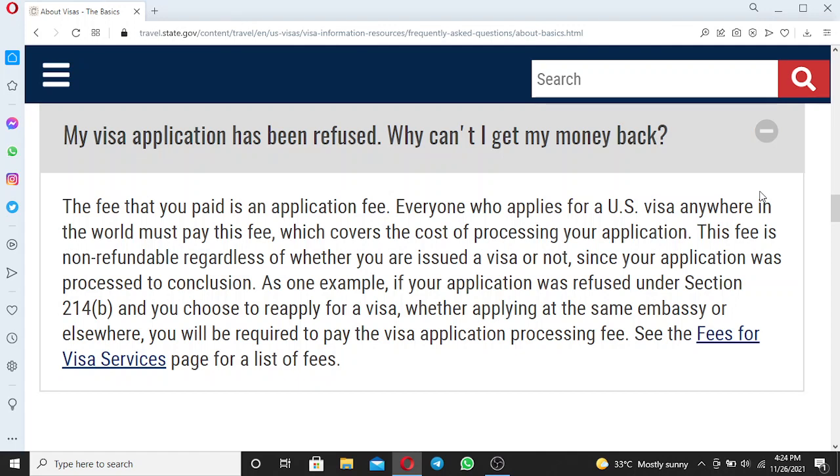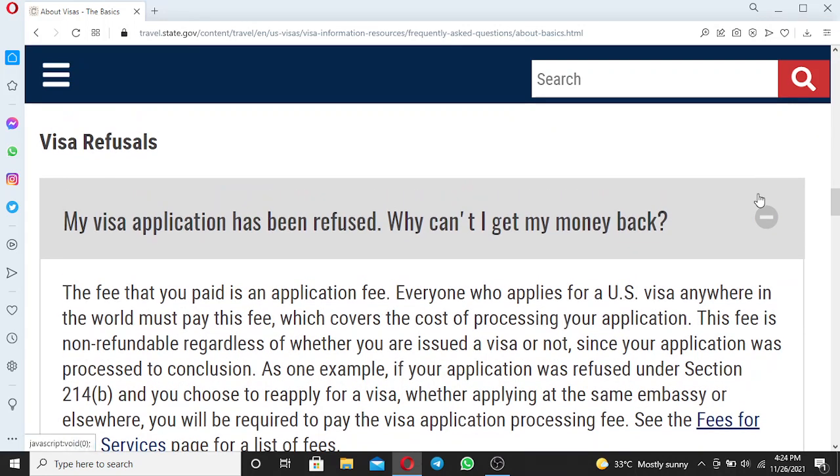This fee is non-refundable, regardless of whether you are issued a visa or not, since your application was processed to conclusion. As one example, if your application was refused under Section 214(b) and you choose to reapply for a visa, whether applying at the same embassy or elsewhere, you will be required to pay the visa application processing fee.